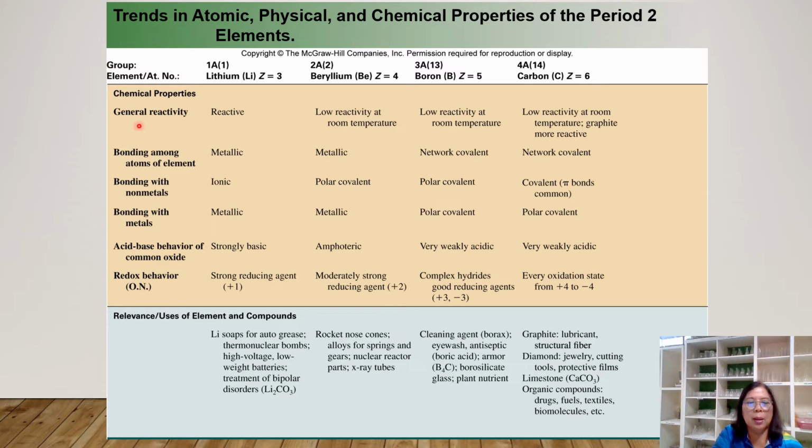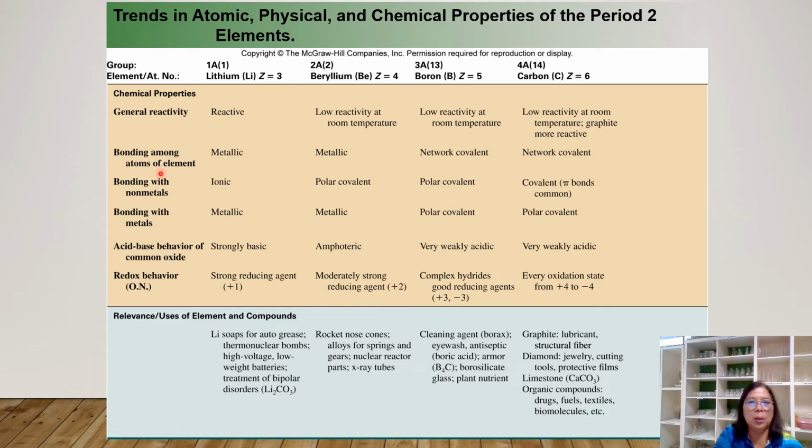Now, general reactivity or how they react in chemical reactions. Lithium is reactive. Beryllium has a low reactivity at room temperature. The same is true with boron and carbon. However, for the case of carbon, its graphite form is more reactive.